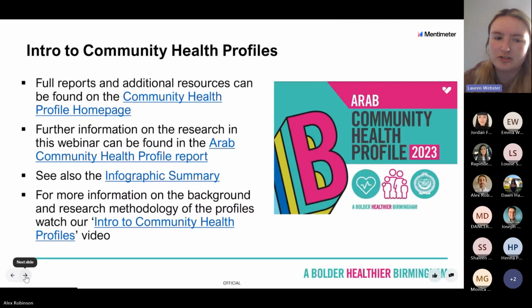So just a short introduction to the community health profiles. The community health profiles are a key set of resources developed by the Public Health Division at Birmingham City Council. These reports summarise the physical health, mental health, lifestyle, behavioural and wider determinants of health-related issues in the community. The profiles focus on specific communities of identity and support a shift away from using terms such as BAME or LGBTQ, which often homogenise communities together and overlook huge differences in health outcomes between population groups.